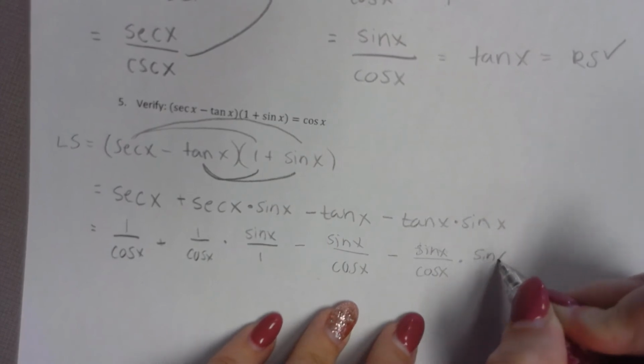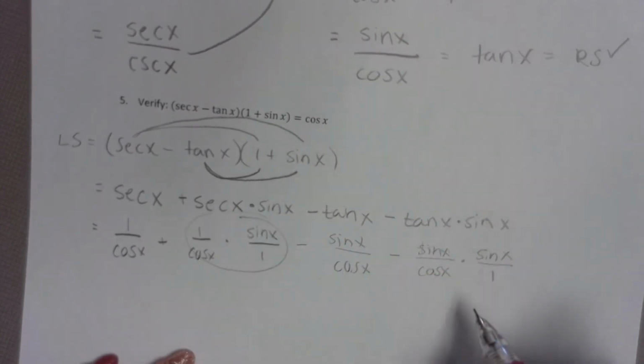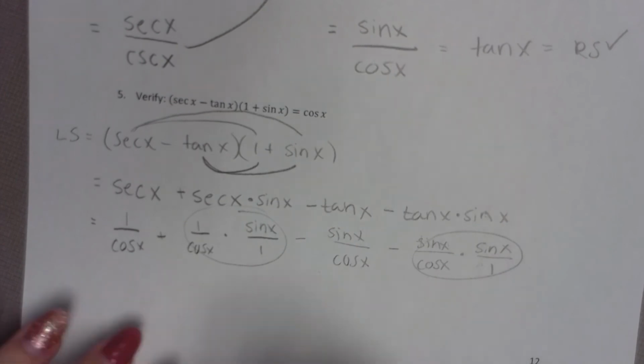And then sine here will stay a sine. Okay, now keep in mind, we're allowed to multiply fractions, and when we're multiplying, we're allowed to cross things out, but when we're adding or subtracting, we're not. So let's look at just the multiplication things we've got going on. So these two things are being multiplied. We've got addition or subtraction between all the others.